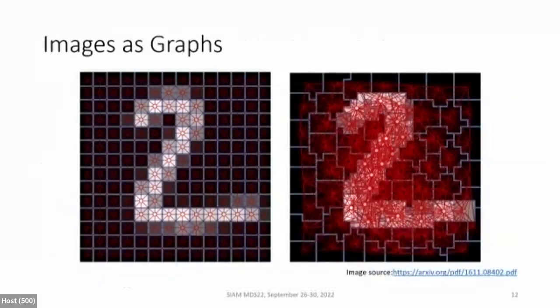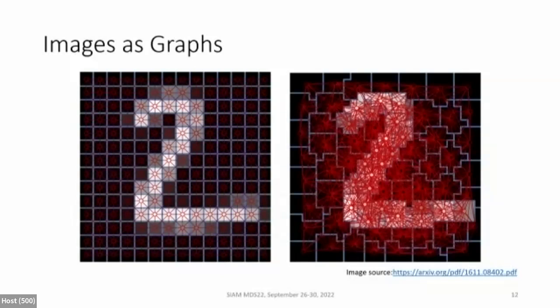One very simple example from image processing or image classification comes from the well-known NIST dataset, and it converts the pixels in the image into super pixels, and that provides the graph representation on the right side image.